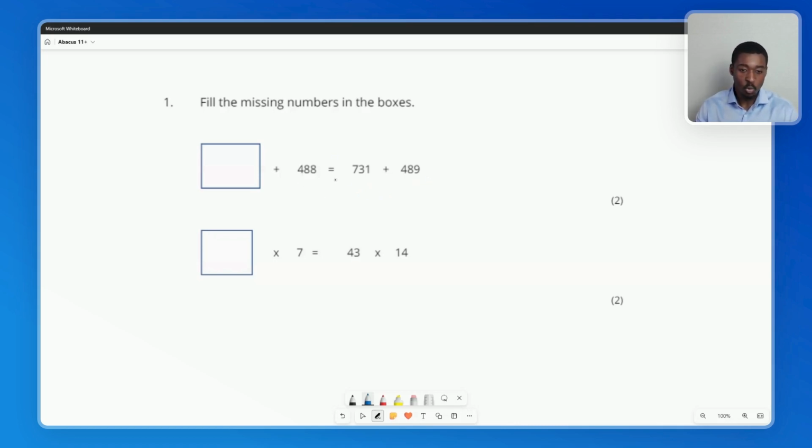So we know that when we see this kind of question, the left-hand side needs to equal the right-hand side. So here we start by working out what the right-hand side equates to. We have 731 plus 489. We can use column addition.